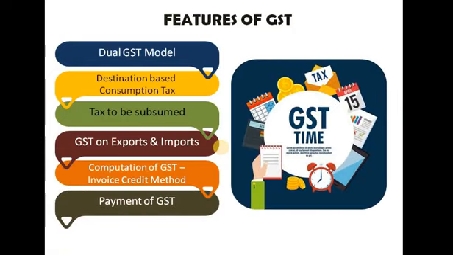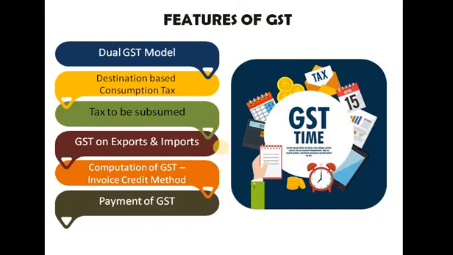And the next feature is payment of GST. The CGST and SGST are to be paid to the accounts of the central and state respectively. That is, the SGST will be applicable to a particular state, the CGST will be taken by the union, and here the payment will be online. It's not manual payment. We cannot go to a particular office and make the payment.